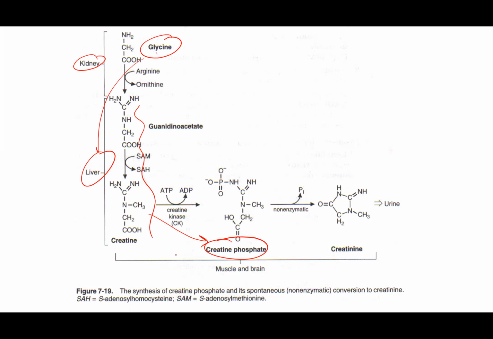Okay, your body will use that to add the phosphate to the adenosine diphosphate for the energy. And then when you're done, it is converted into creatinine, which is the byproduct of muscle breakdown or muscle contraction and all that energy breakdown. And you eventually expel that in the urine.